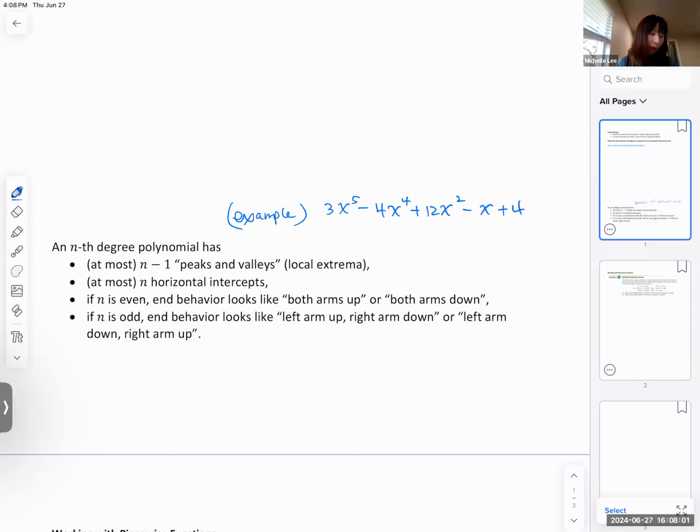Okay, then they said at most, that means maximum. n minus 1 peaks and valleys means that, let me write it down.